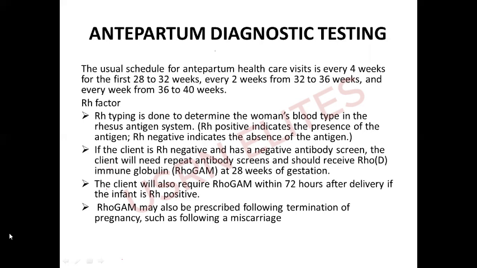That is why she is scheduled to come every 1 week from 36 to 40 weeks. From 40, we know that is post-term, and then probably admission will have to be made. These are the standard schedule for someone who is pregnant.